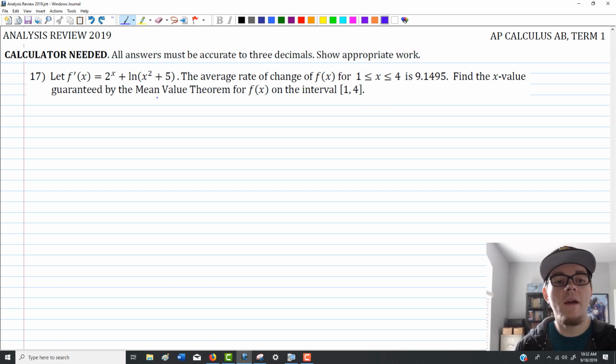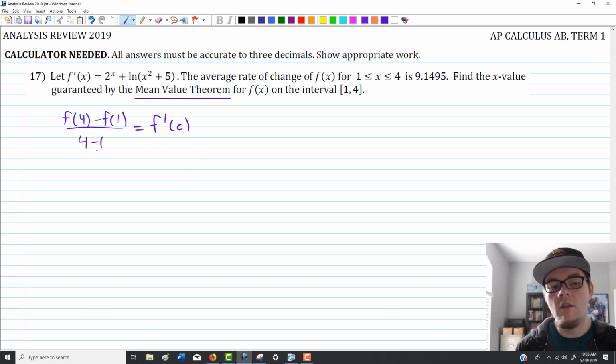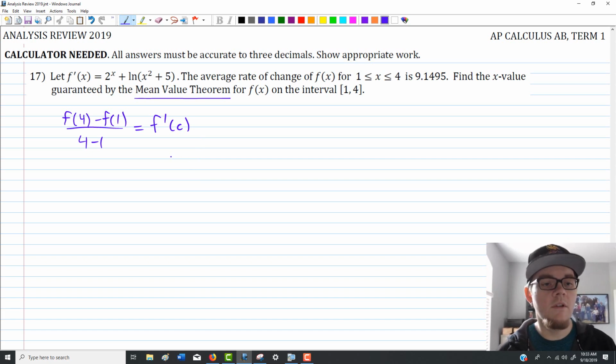But basically we're talking about a mean value theorem situation. Mean value theorem, assuming that we have a function f that is both continuous and differentiable, which we can't really tell from here, but we're going to assume it is based on the question, means that there's going to be a place where the average rate of change is equal to the instantaneous rate of change. In other words, average rate of change equals the derivative.